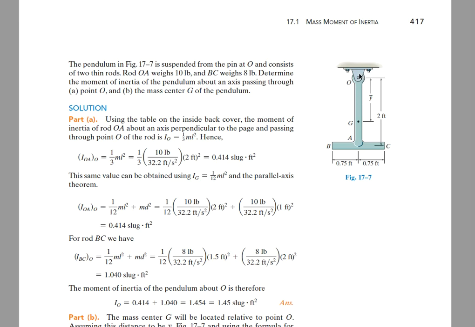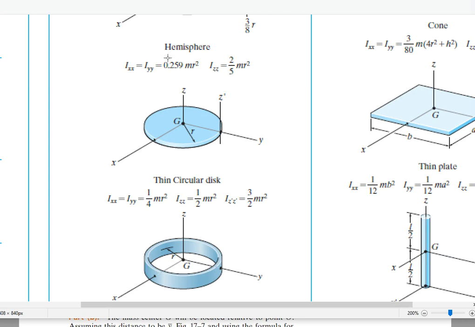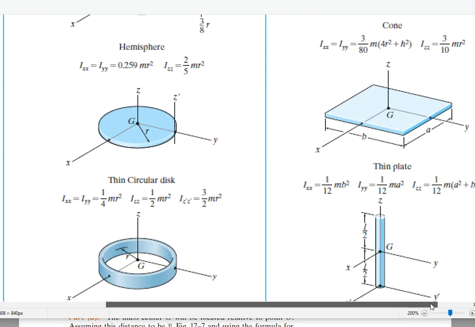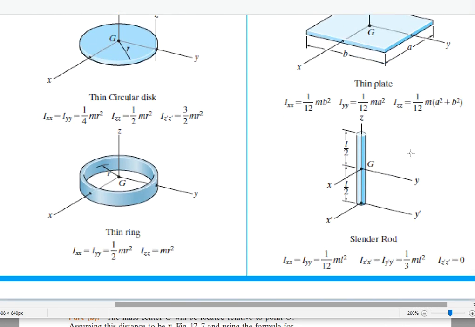Okay, so we have this composite body that consists of a rod of length 2 feet that is rotated about one end, and then the offset from the center of mass of rod BC is the same 2 feet length. From the back of the book, using this information, we have a slender rod, and we're given the moment of inertia about axis x prime or y prime, 1 over 3 ml squared.